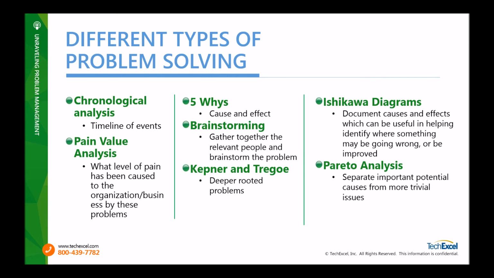Pain value analysis, which I mentioned a little bit earlier, is a broader view that's taken of the impact of an incident or a problem. So instead of just analyzing the number of incidents or problems of a particular type in a particular period, a more in-depth analysis is done to determine exactly what level of pain has been caused to the organization or the business by these incidents or problems. A formula can be devised to calculate the pain level.